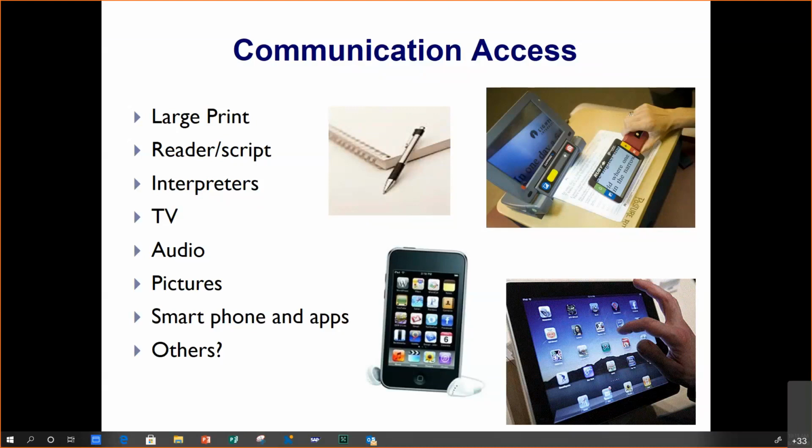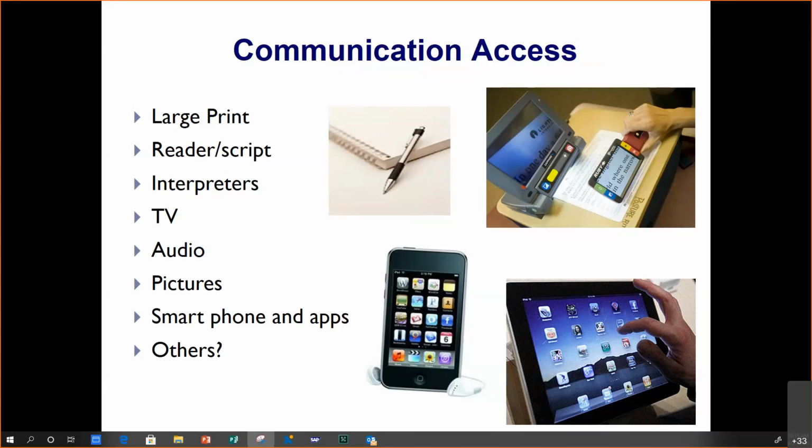So things like having the registration process, making sure that the registration staff have, sometimes it's a low-tech device, pen and paper, whiteboards, a communication picture board, something like that may be more low-tech that helps provide more accessible communication.